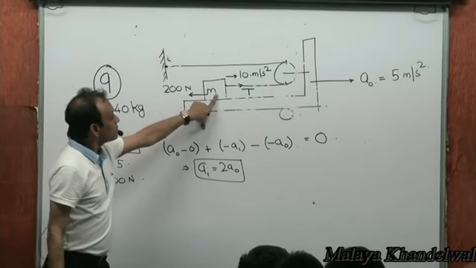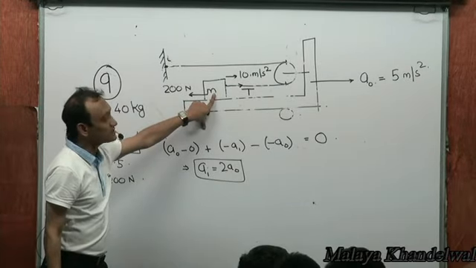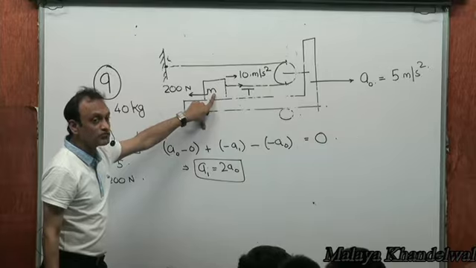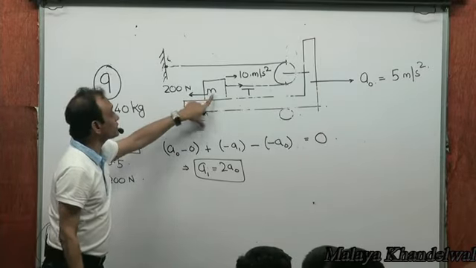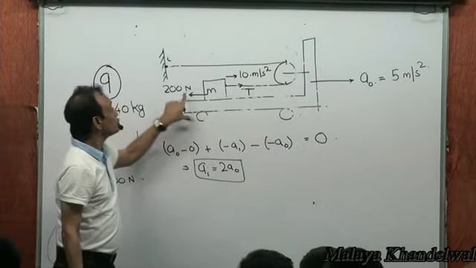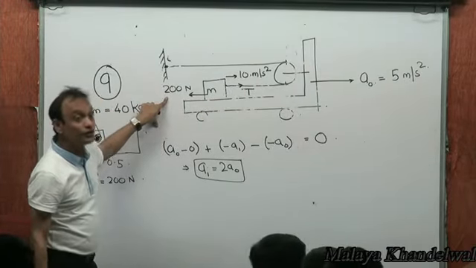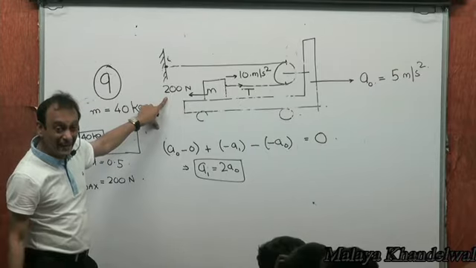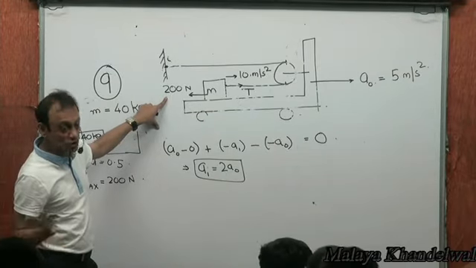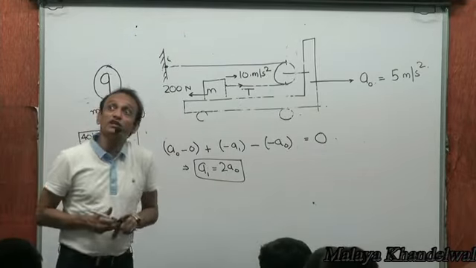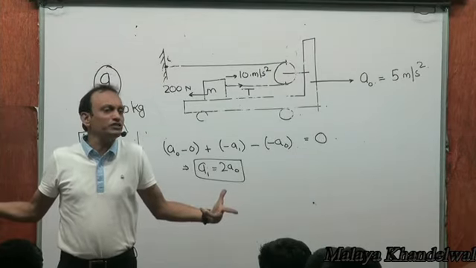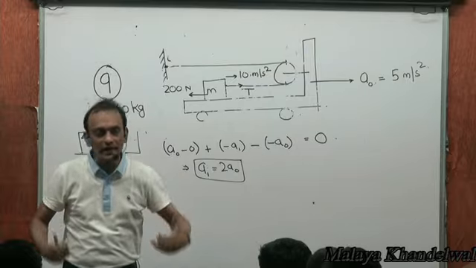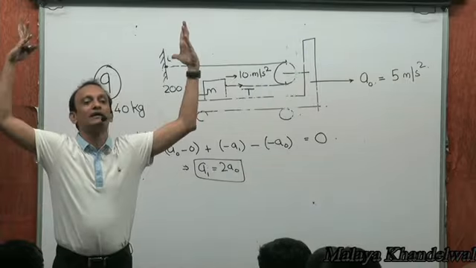Mass of this block is 40 kgs. Yes or no? What are the forces acting in the horizontal direction? T, tension, and 200 newtons, friction, maximum static, kinetic. There is actual relative motion between them. That's why this value. If the conditions prevalent between the two were static, then I wouldn't have known the value of frictional force readily. It could have assumed any value from 0 to F max.